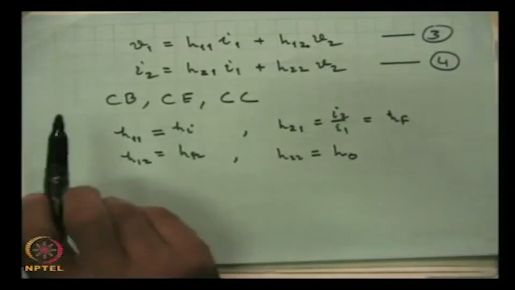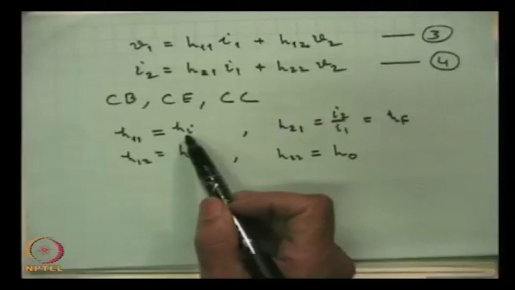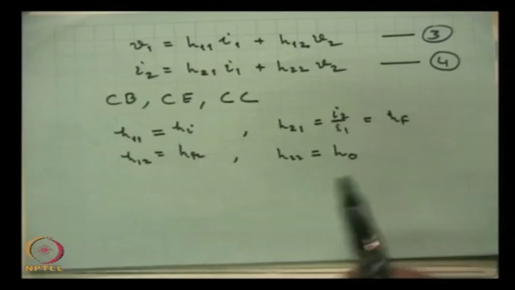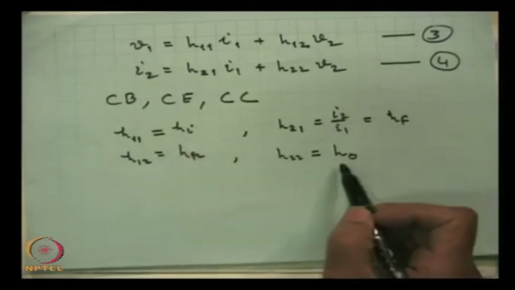For example, earlier in the beginning we talked about admittance parameters or impedance parameters. All the 4 parameters were either impedance parameters or admittance parameters. Here the hybrid nature becomes clear: HI is the impedance and HO is the admittance.